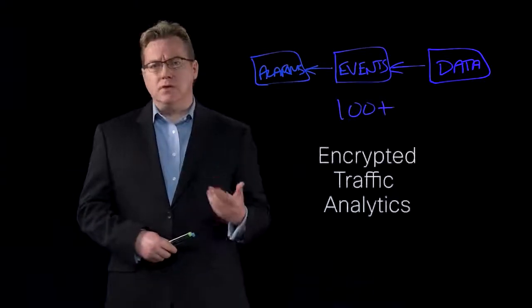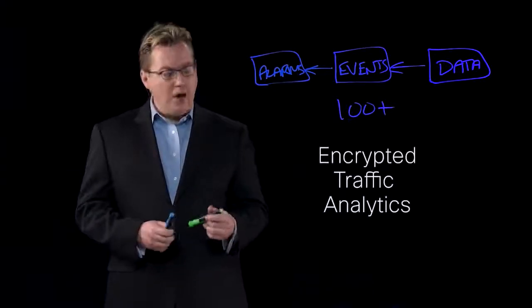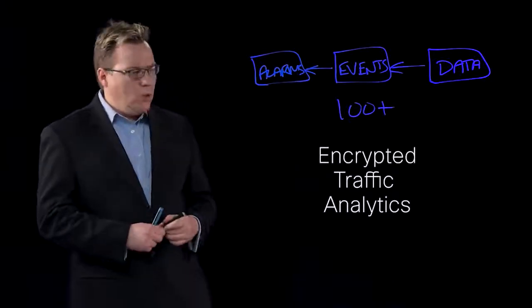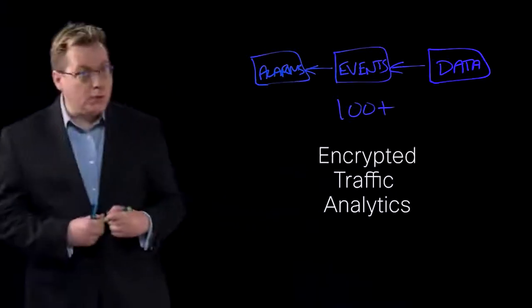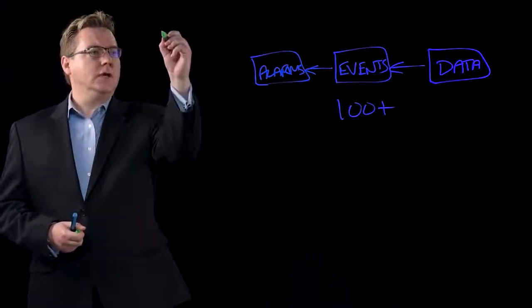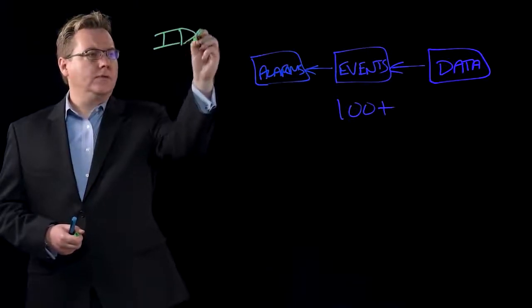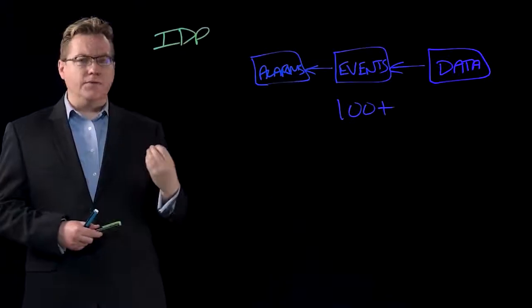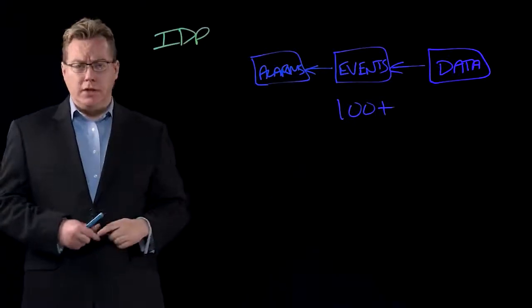Now, for the case of encrypted traffic, how can we identify what's within? Well, there are three key components in encrypted traffic analytics. The first is what we call the initial data packet, or IDP. This is the very first packet in a conversation that's exchanged.